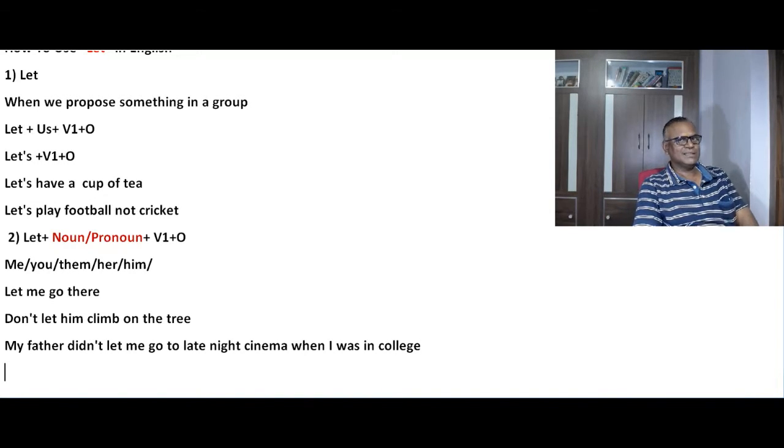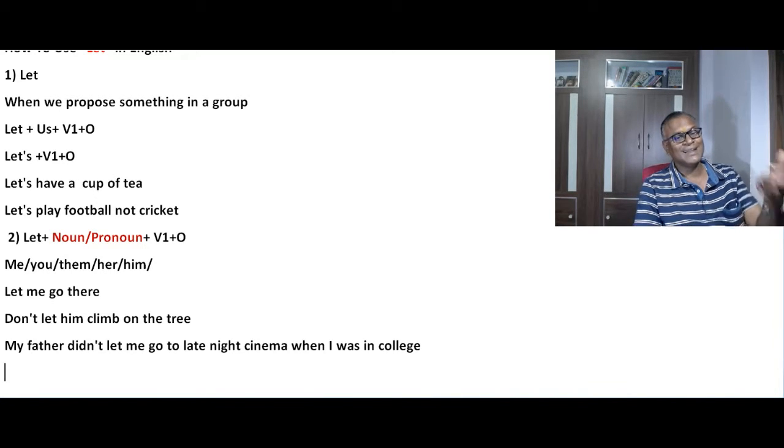Means my father didn't give me or didn't allow me to go to cinema late night. Or my father didn't want me to go to, didn't give me permission or didn't want me to go to cinema when I was in college. So you can use like that.